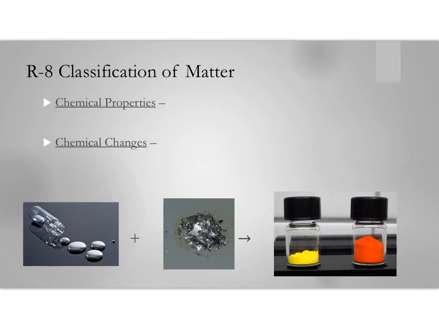So how do chemical properties differ from physical properties? Well, chemical properties are properties that can only be identified or measured by undergoing a chemical reaction. For example, does iron rust? Yes, it can rust.